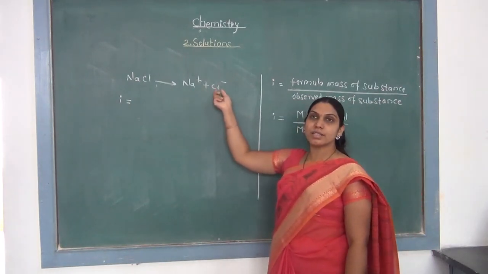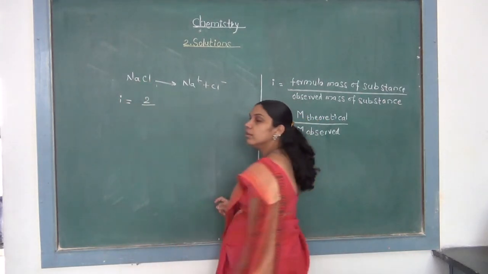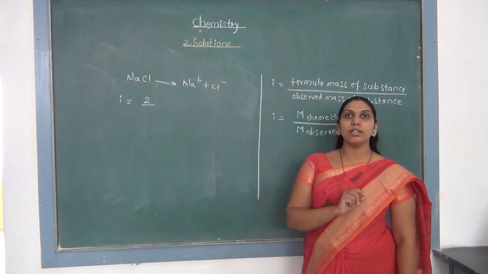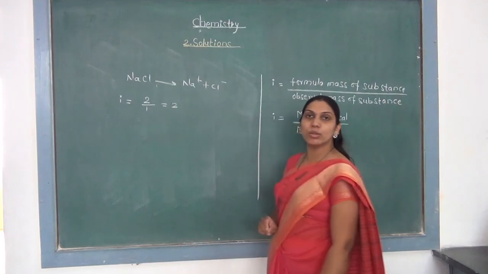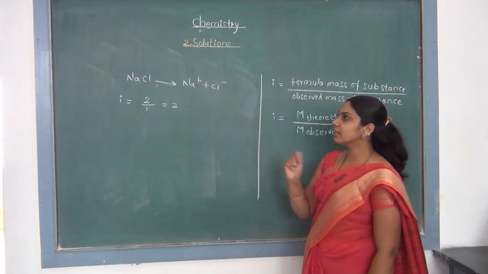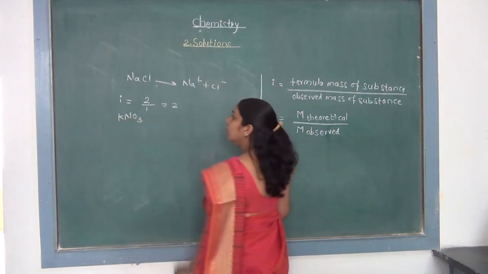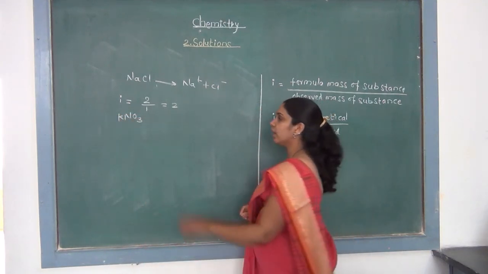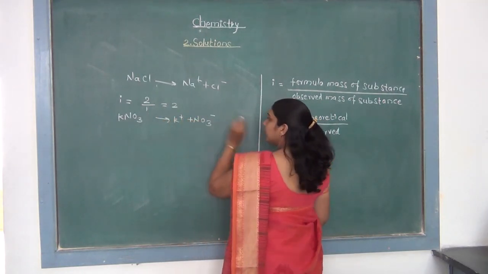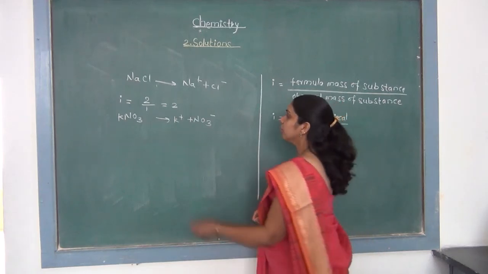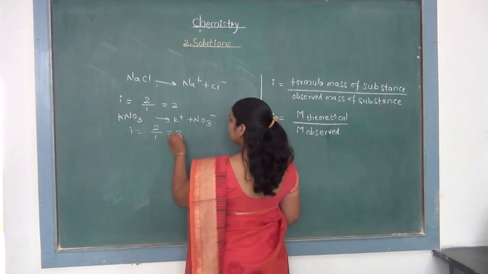Actual moles of ions formed? 2 were formed. So i will be equal to 2 upon how many moles of substance are dissolved? That is 1. So the i value for NaCl will be equal to 2. Similar is the case for KNO3. KNO3 again forms two ions, K+ and NO3-. Two ions are formed, so the value of i will be equal to 2 divided by 1, which is equal to 2.